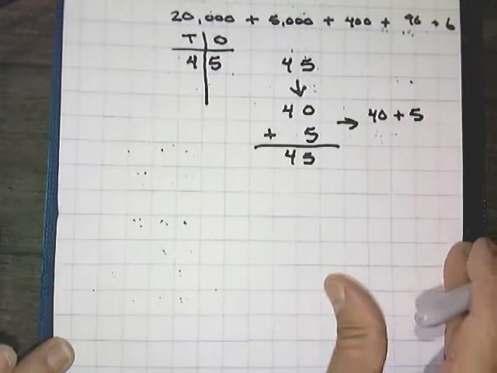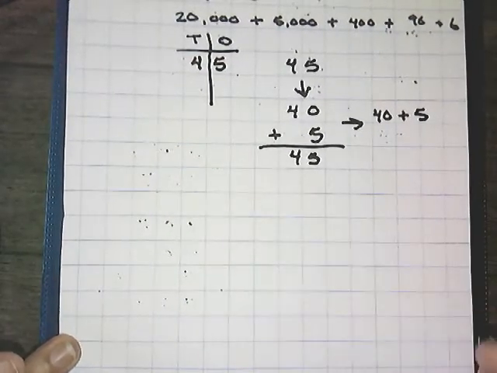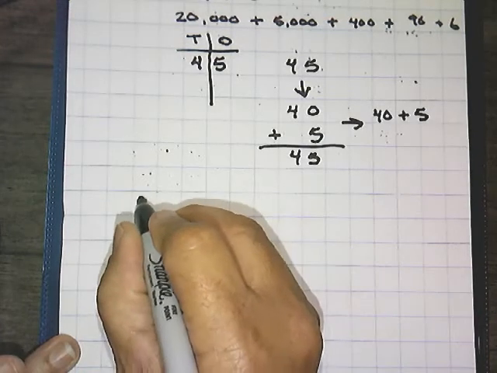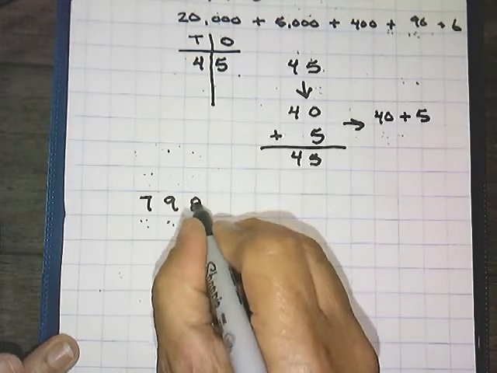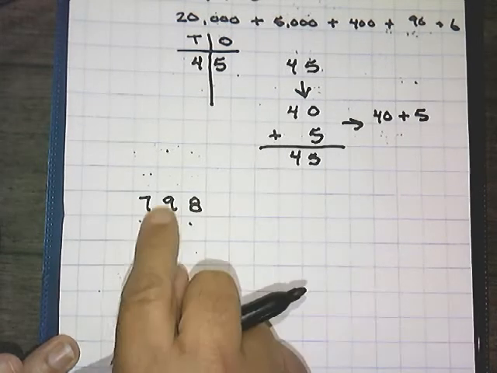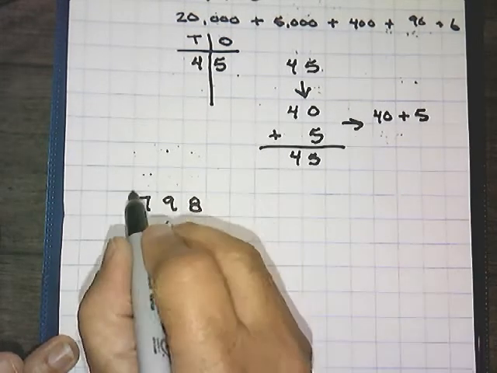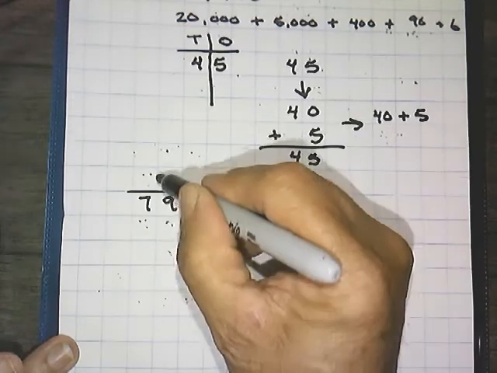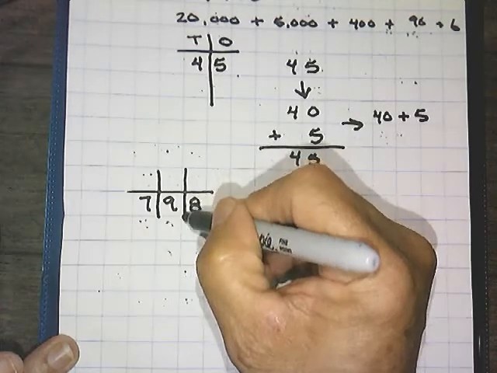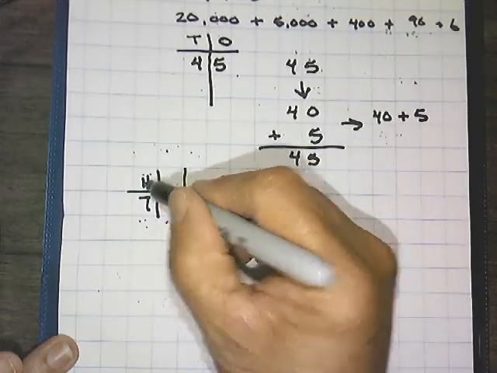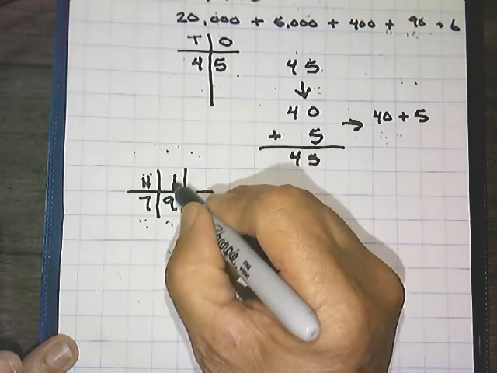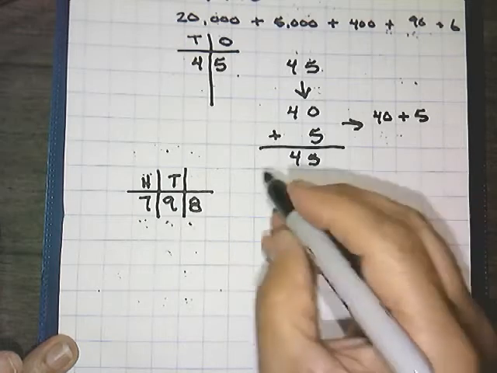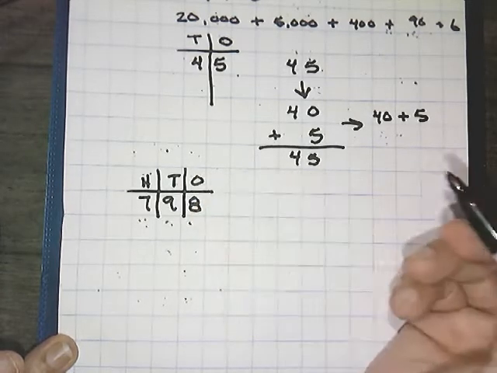All right, let's take a slightly harder, 3-digit example: 798. Think of it in terms of our place value, and that would be 7 hundreds, 9 tens, and 8 ones.